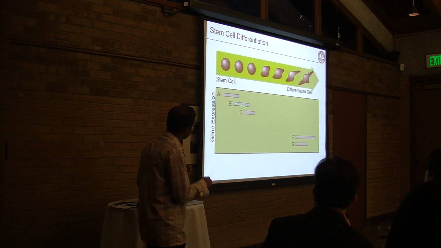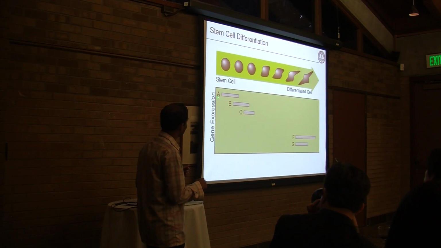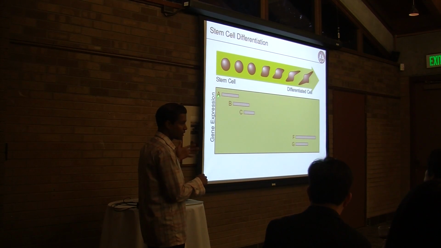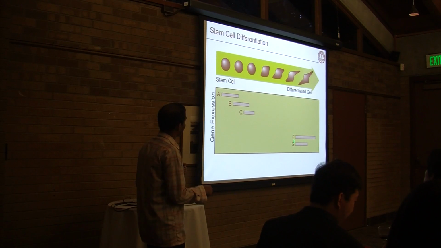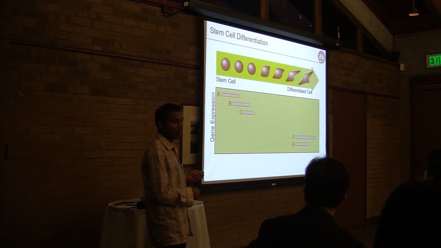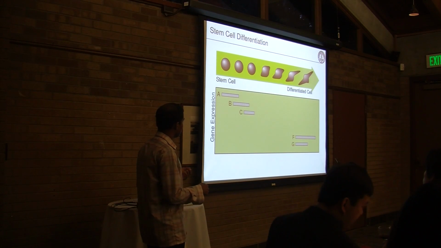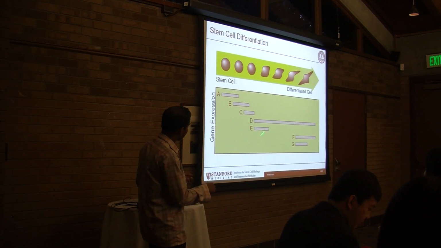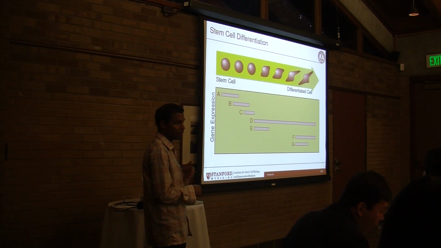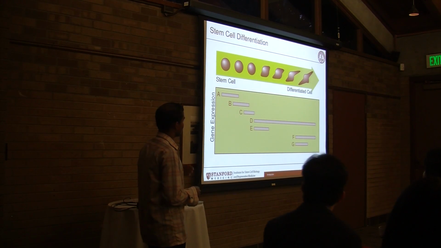And you can see that these genes are mutually exclusive. Whenever one gene is on, and we call it on and off in this case, the other gene is off. Right? And you can have another gene that is on here and then stays on for the whole duration of this differentiation.